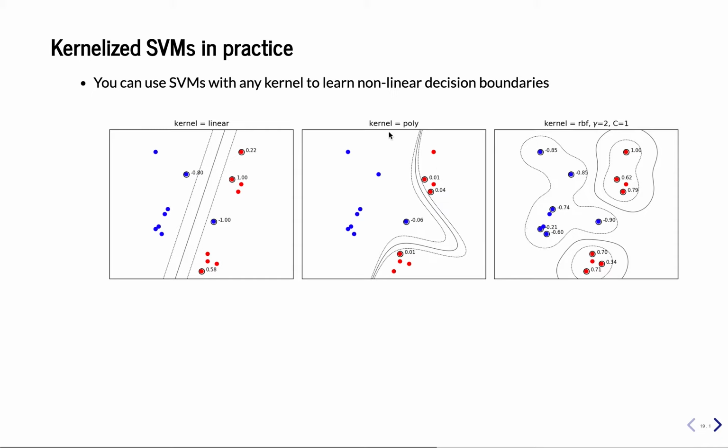In this graph, the points with the black circle are support vectors. And you can see around the support vectors they have an influence around them. And so all support vectors have this influence.